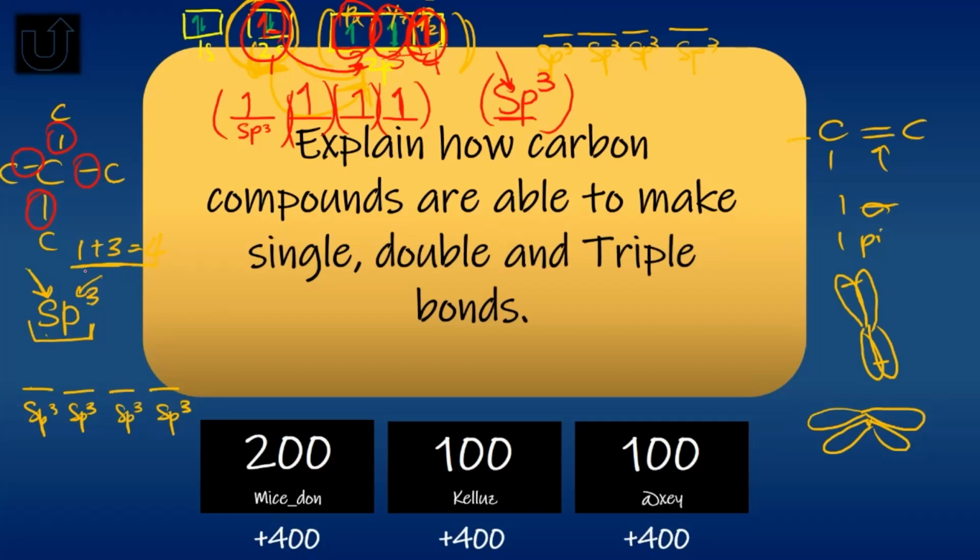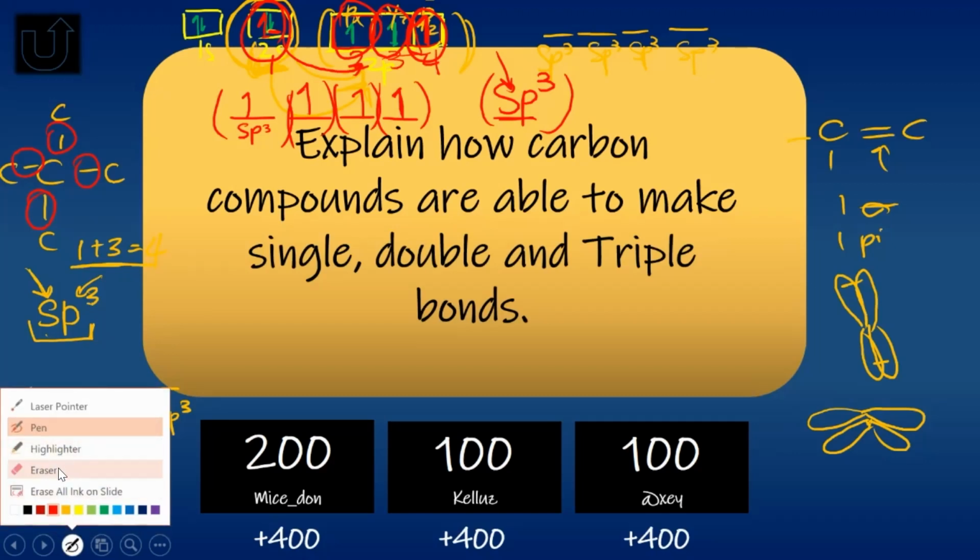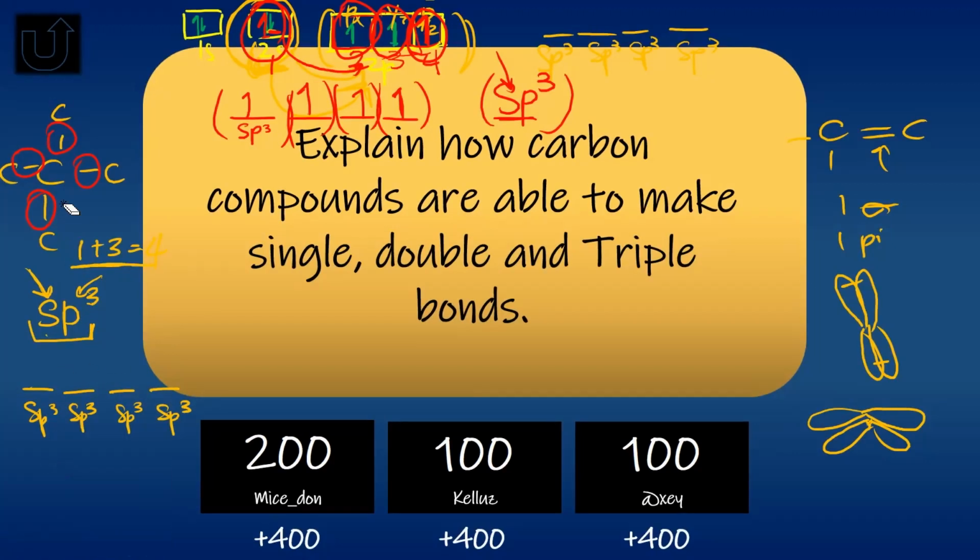The sigma thingy, yeah. So I said sigma bonds are formed from the hybridized orbitals, right? So here in carbon-carbon single bonds, we have 4 sigma bonds being formed, and we have 4 hybridized orbitals.